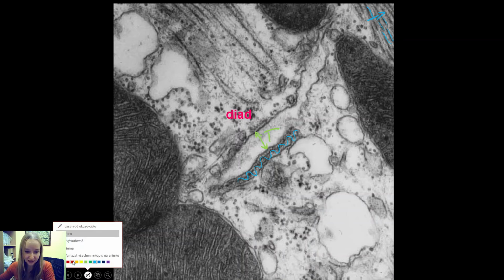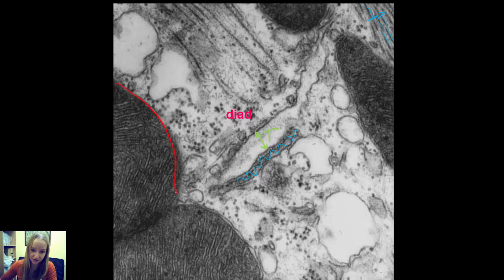And what can lead us here is also this very big mitochondria, fusing together. So this is the cytoplasm of the cardiomyocyte with the dyad and with mitochondria, and we have probably myofibril over here and somewhere over here. Okay?